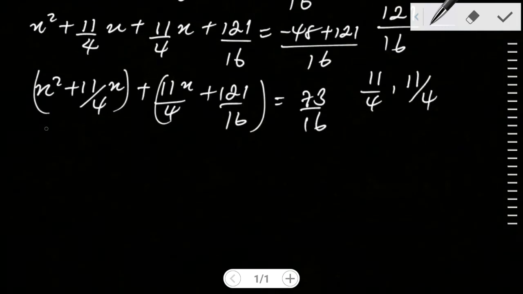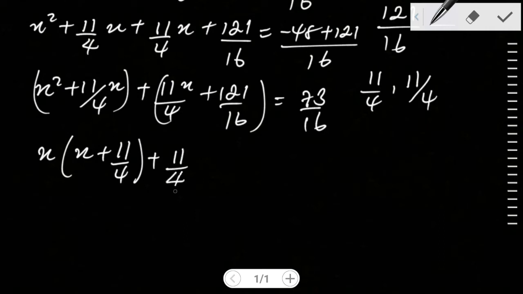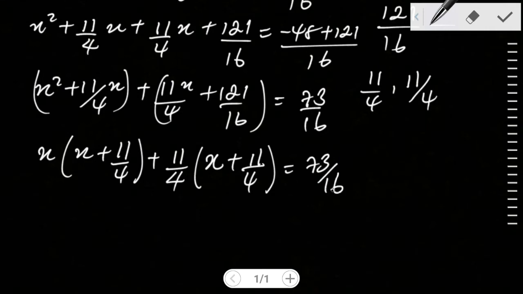And therefore, if we proceed here, we are going to have x into x plus 11 all over 4, plus 11 all over 4 into x plus 11 out of 4, of which in this case I would have 73 all over 16.